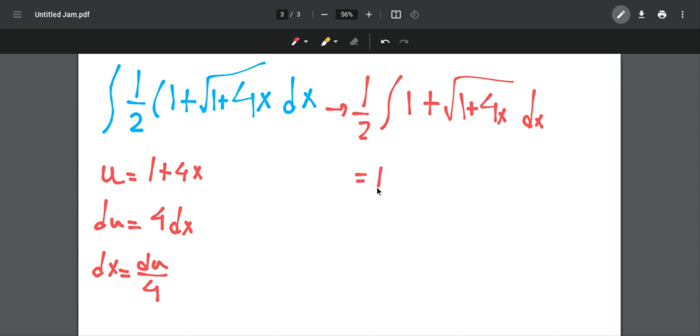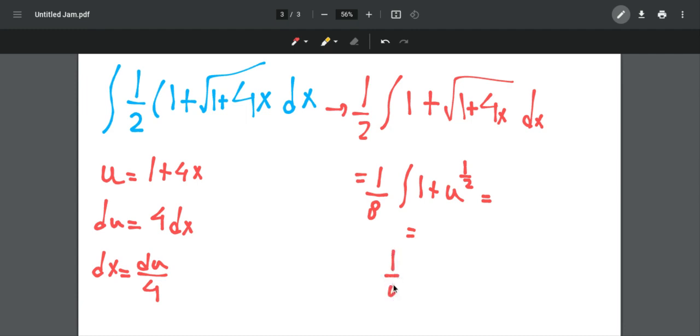So I get 1 over 8 when multiplying 1/4 and 1/2, times the integral of 1 plus, and let's write it as u to the power of 1 over 2 because it's easier to use the power rule. And now we can just integrate u to the power of 1 over 2.